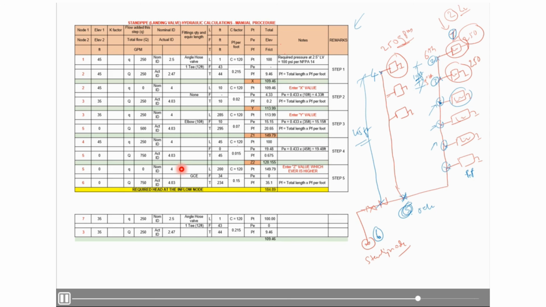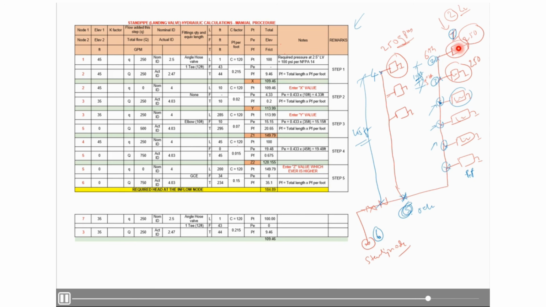I believe I mentioned 4-inch here, so based on that I got 0.15. So if you add 149.79 plus 0 plus 35.1, I am getting 184.89. It means at the starting node I need to have 185 psi so that my water will reach this landing valve and we will get our required pressure of 100 psi.